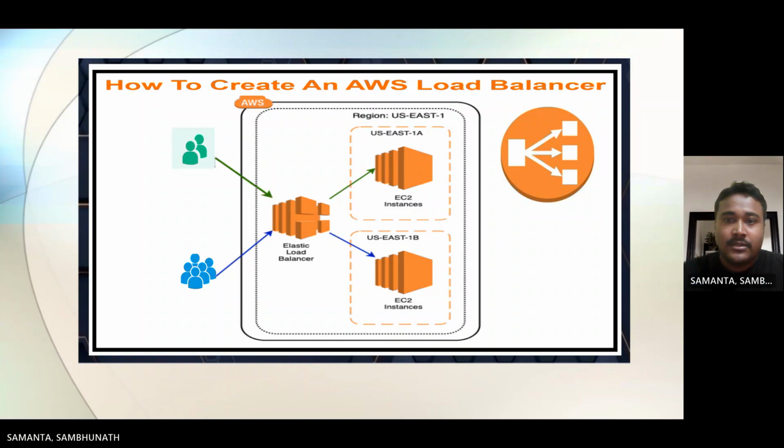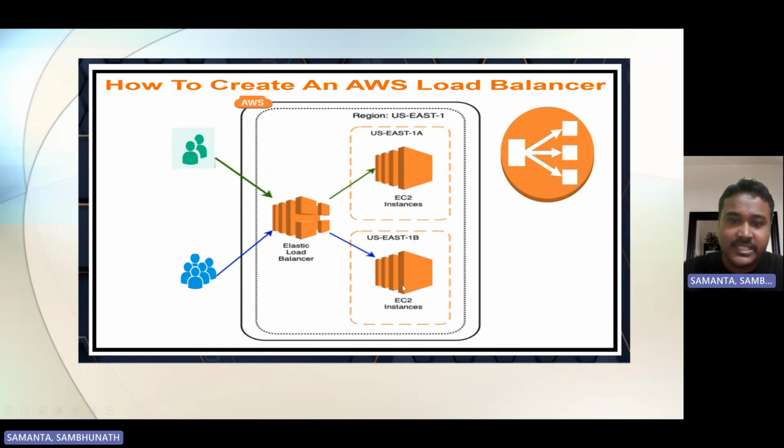Now, this is the architecture diagram where I am taking two EC2 instances. One EC2 instance I have deployed in subnet 1A, and another EC2 instance in subnet 1B. And this entire thing I have deployed in US East 1, the Virginia region.